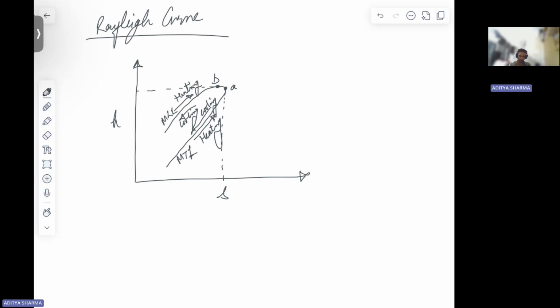Point A is the point of maximum entropy, the sonic state, which has maximum entropy.